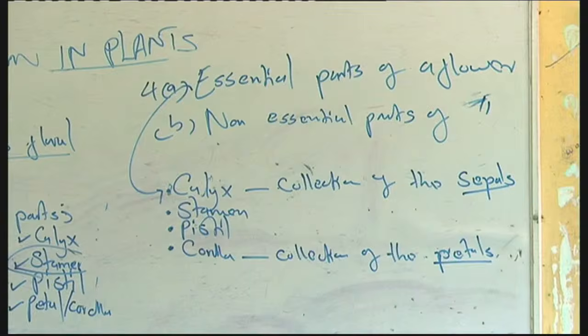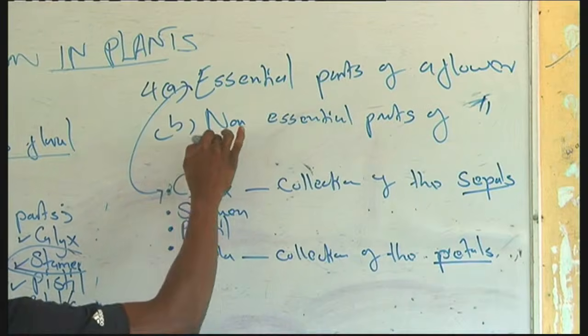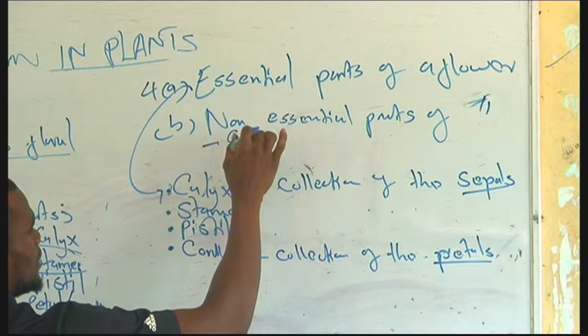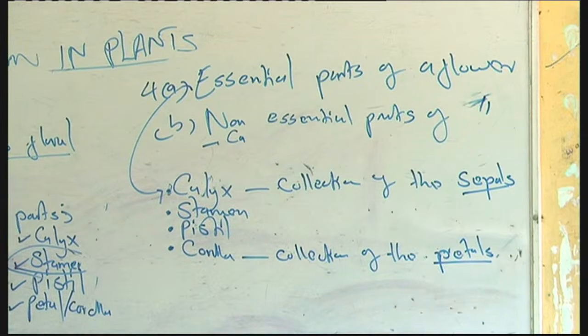Then you also have non-essential parts of a flower. These non-essential parts include the sepals and the petals.